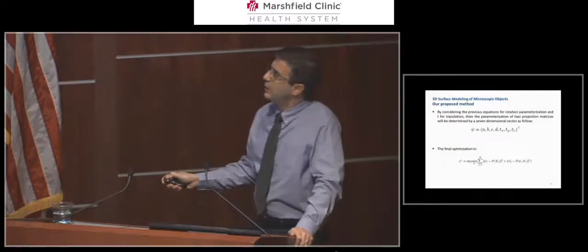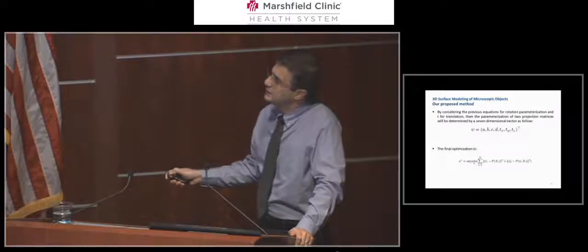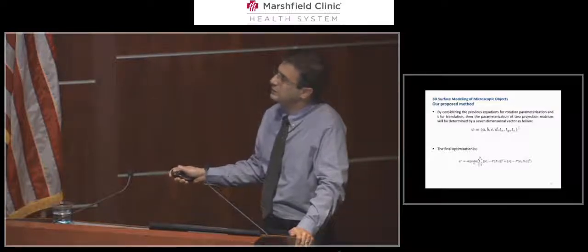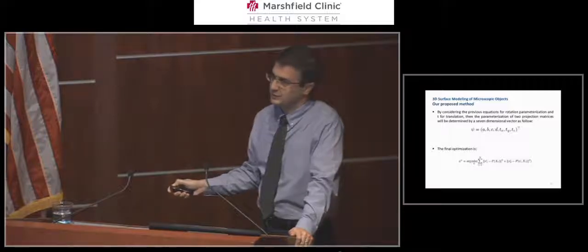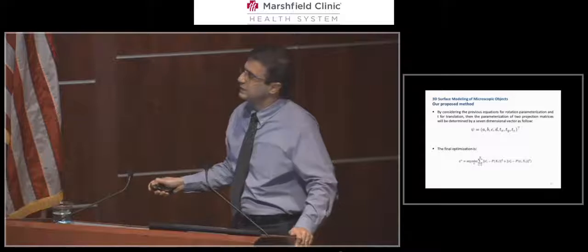So our problem will be finding a vector including A, B, C, D, 4 parameters for rotation and 3 parameters for translation. So the optimization problem would be something like this.